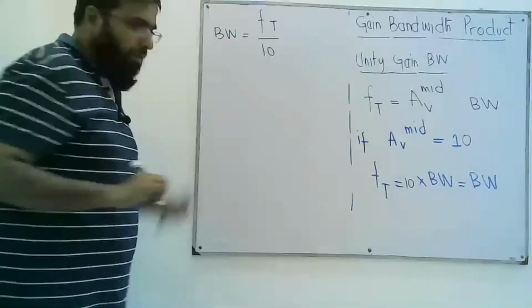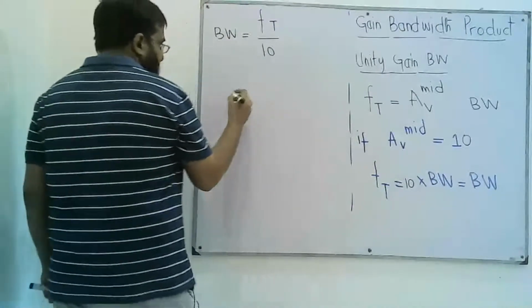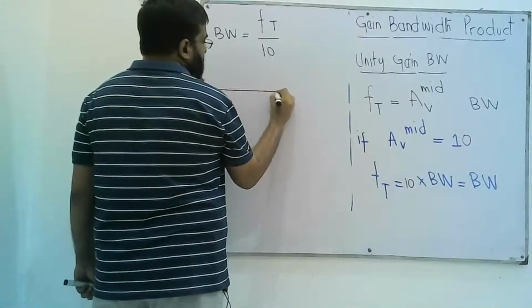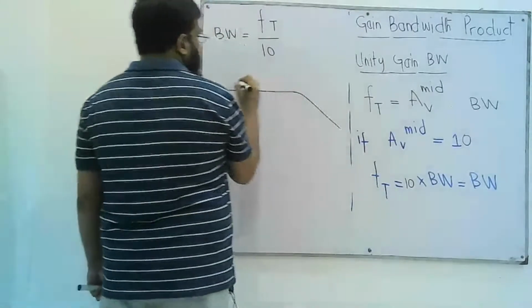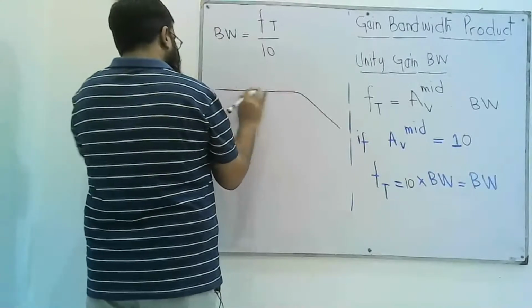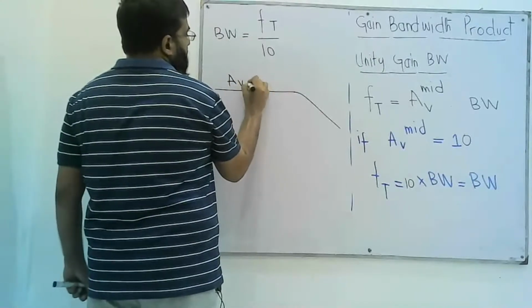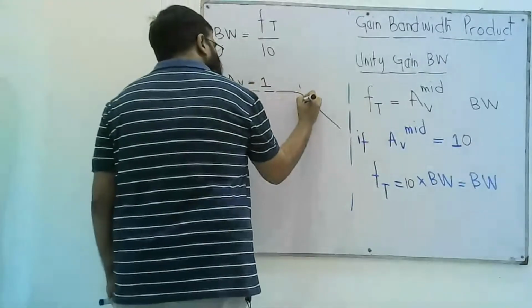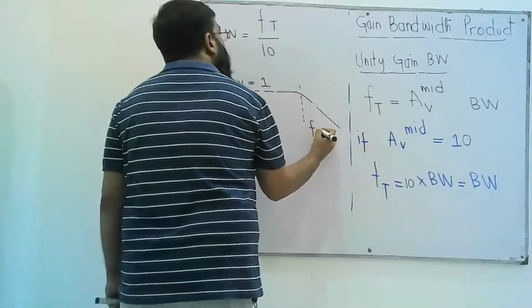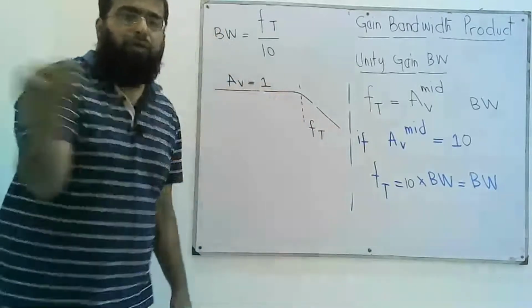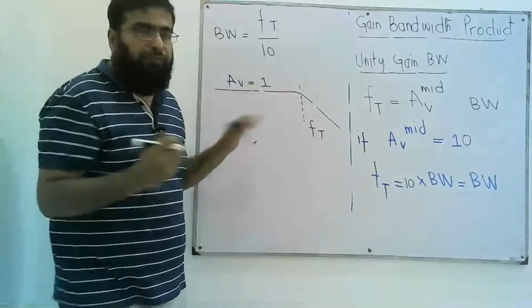Graphically, if we are working with an amplifier with 0 dB gain, or AV equal to 1, we can operate it as an amplifier for a very long range of frequencies up to Ft.